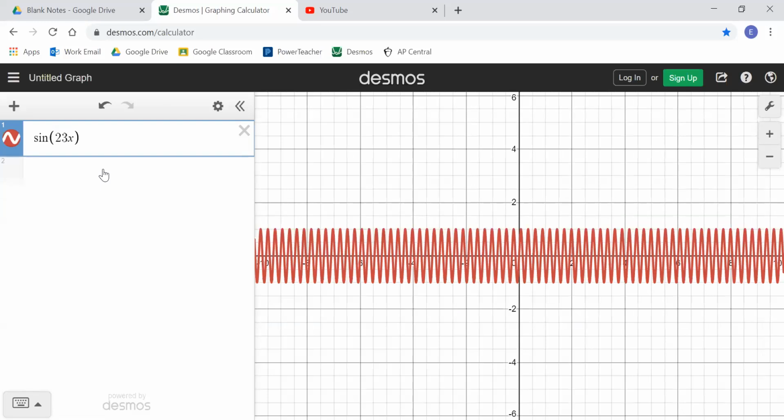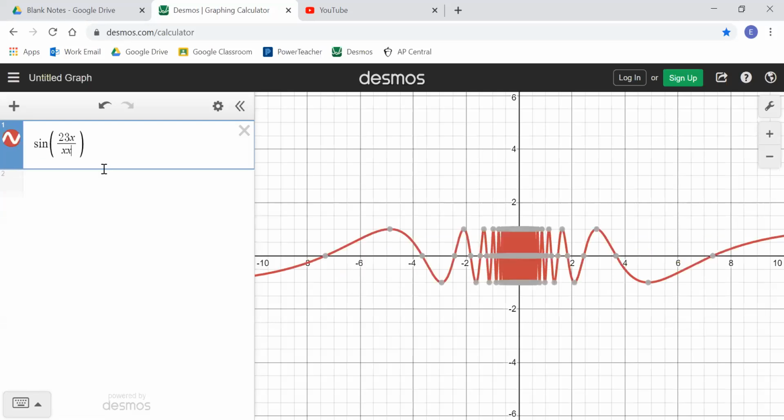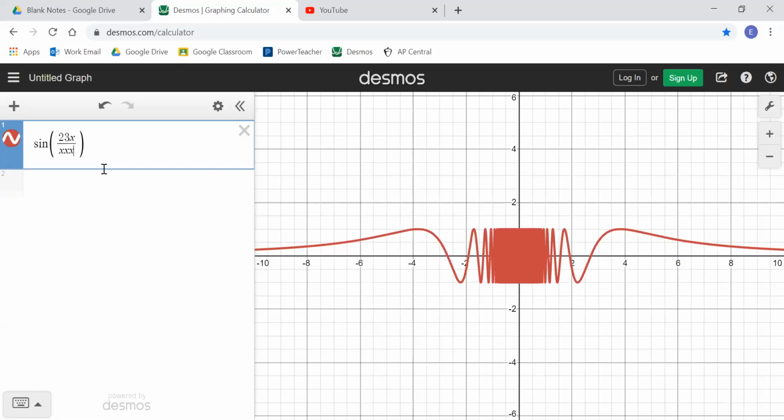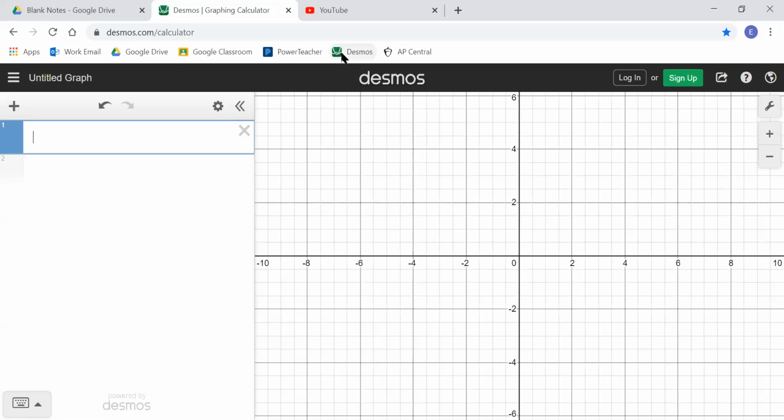I multiply it by the 23 or whatever I have, and then I take the sine of it. It's always going to stay between 1 and negative 1, no matter what I throw in there.